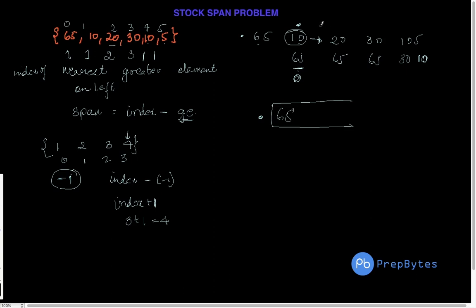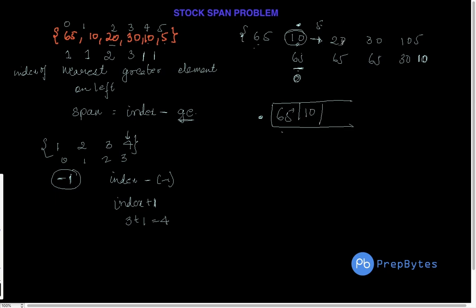No. If there would have been 5, then for 5 the greater element could be 10. For 20 it's not going to be 10, it's going to be 65. So right now we have just two options: either the current element or this particular element. So for finding the greater element, I'm not comparing with this set of numbers, I'm comparing with this set. So I just keep 10 in this space.